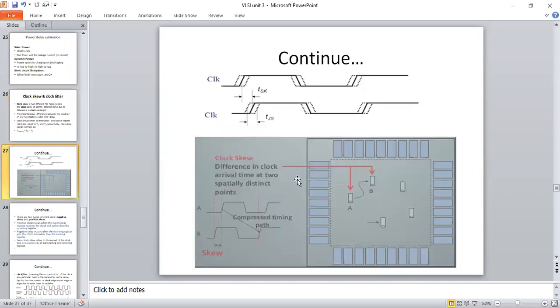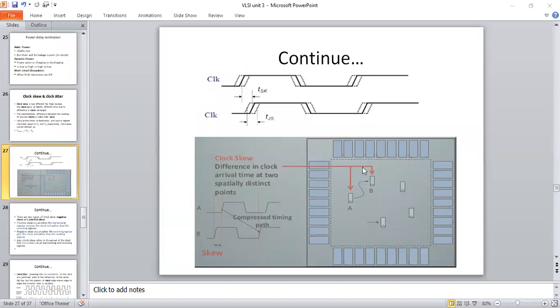It is a small diagram of a large chip, a large IC, an integrated chip, and in this we are using some flip-flops or registers, whatever it may be. A and B are the two registers or flip-flops, and whenever you apply the same clock signal, the clock appears at A early and at B later because it has to travel some extra distance.